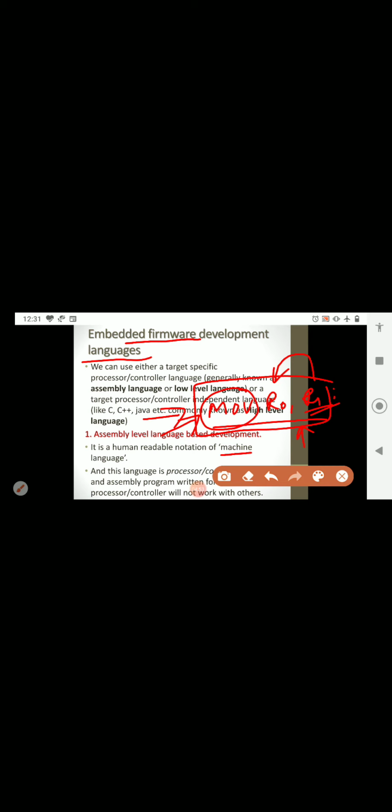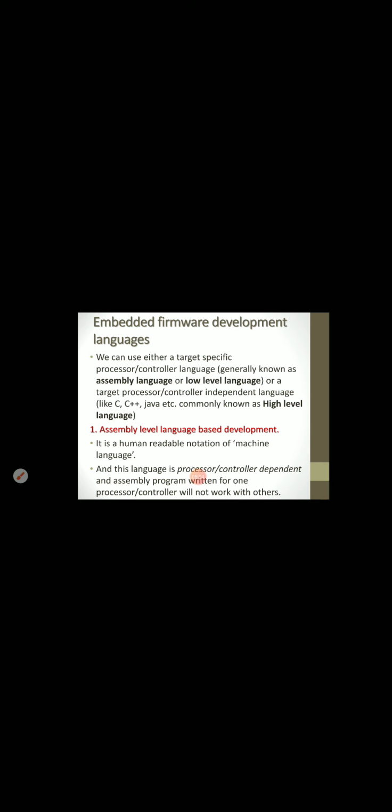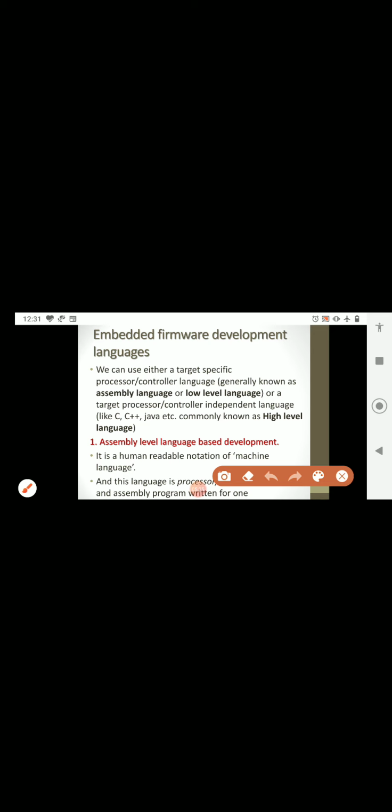It is the human readable notation of the machine language, and this language is processor or controller dependent, the point I mentioned above. An assembly program written for one processor or controller will not work with the others. So if we consider writing an assembly code.